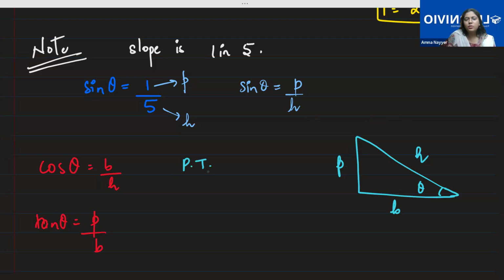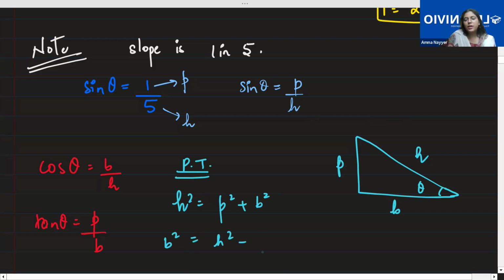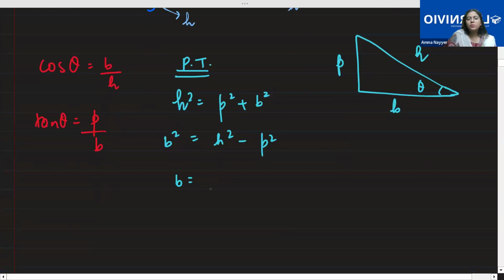If we apply the Pythagoras theorem over here, hypotenuse square is equal to perpendicular square plus base square. From here we can say base square is equal to hypotenuse square minus p square, which can be further written as b is equal to under root h square minus p square.